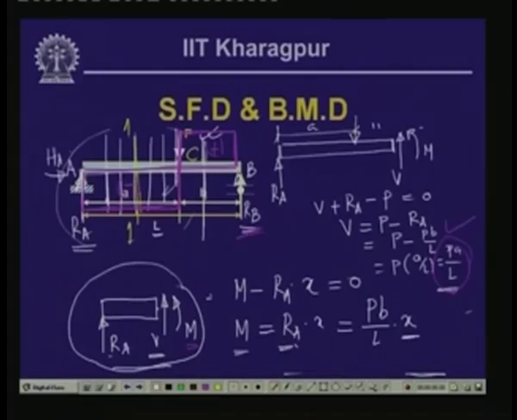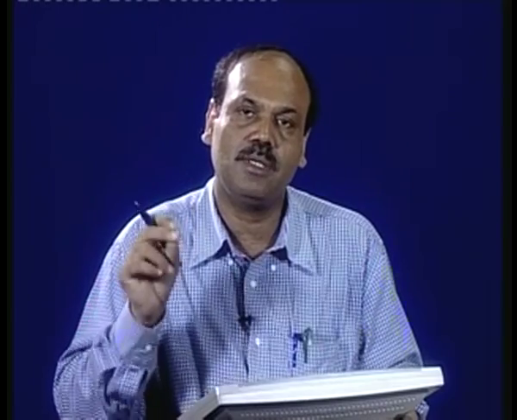That is the value of the bending moment at point C, so M at C equals P A B by L. It is varying linearly: as the value of x increases, the magnitude of the moment also increases from 0, and at a distance a from the left end, the magnitude of the moment equals P A B by L.